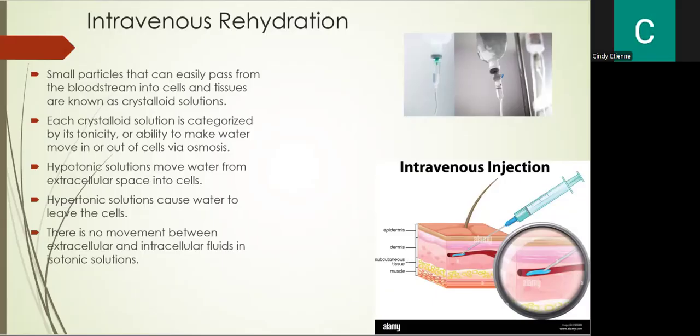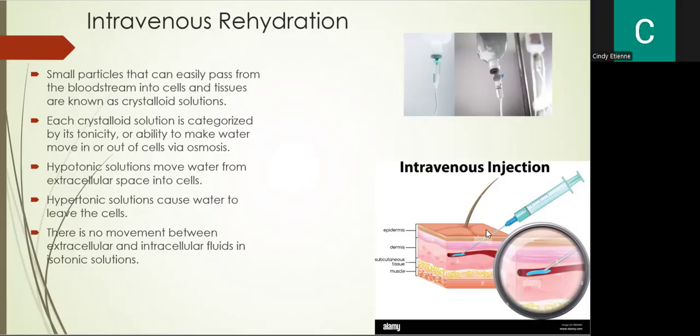So crystalloid fluids, we classify IV fluids by their tonicity, which tells us how they affect the movement of water by osmosis. Hypotonic solutions have less solute than the cells, so water moves into the cells.